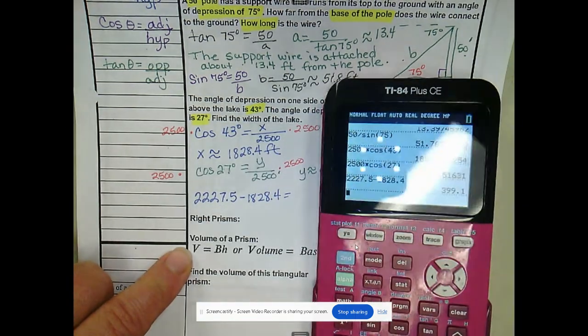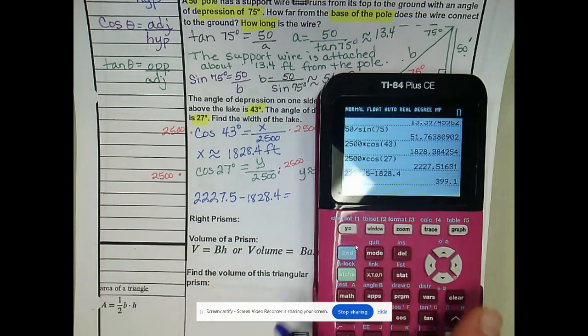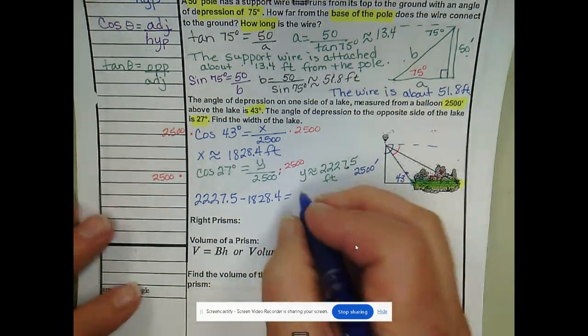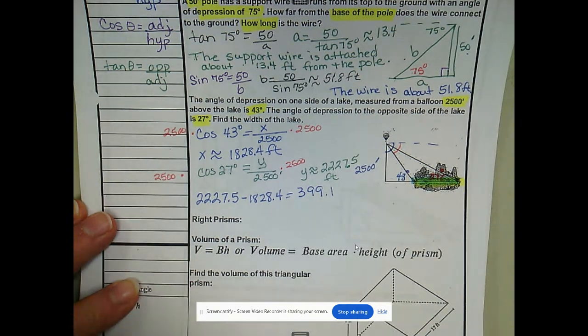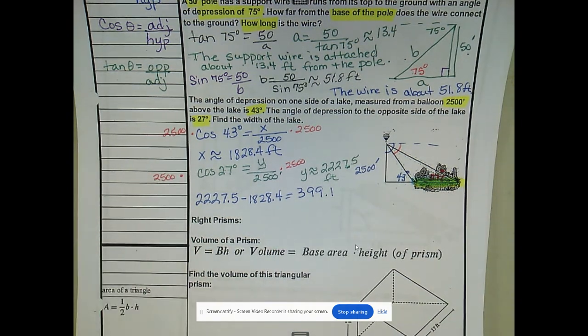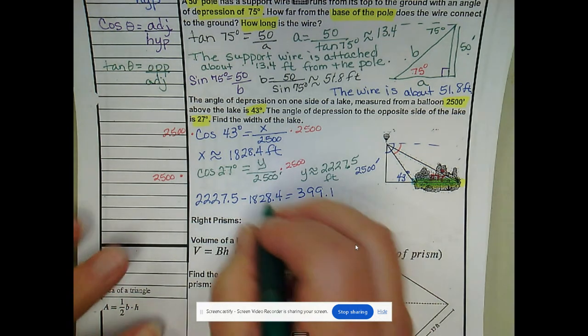And it is 399.1. So, what I know is the distance across the lake is about 399.1 feet.